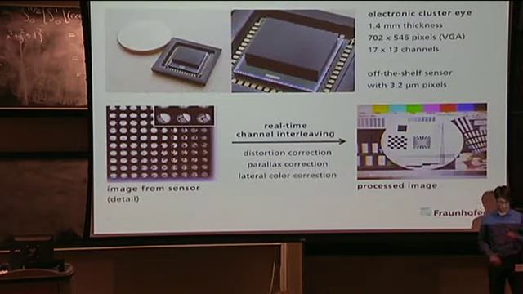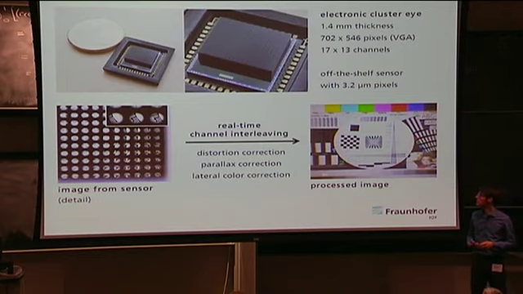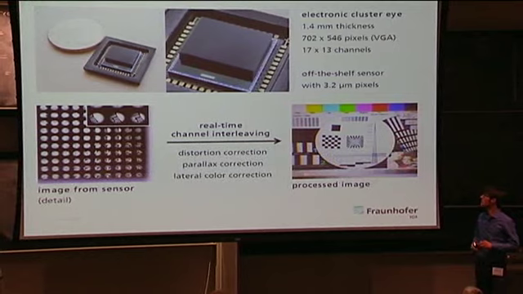Everybody likes thin cell phones and laptop screens, but one limit is the camera. And there's a limit on the camera length depending on field of view and resolution. And we propose to reduce this depth by developing interleaving camera images.